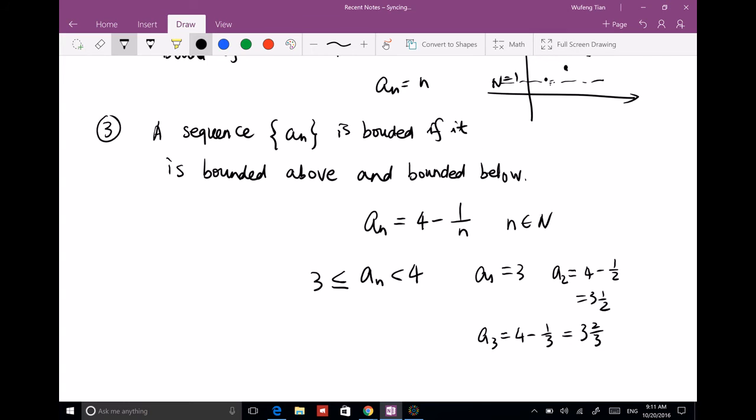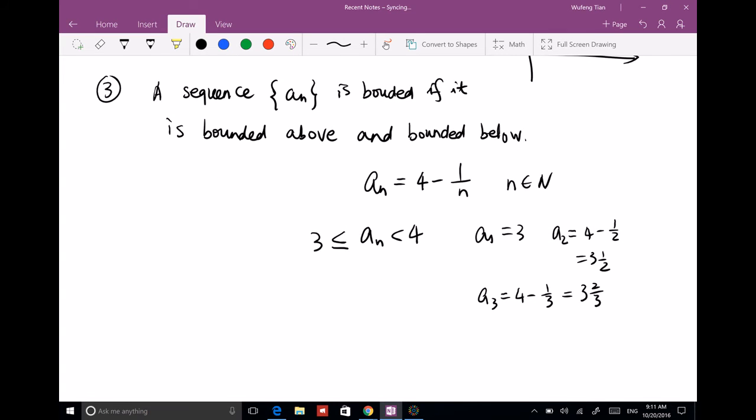So basically it's 3 plus something. We can change an to 4n minus 1 over n. You can do that.